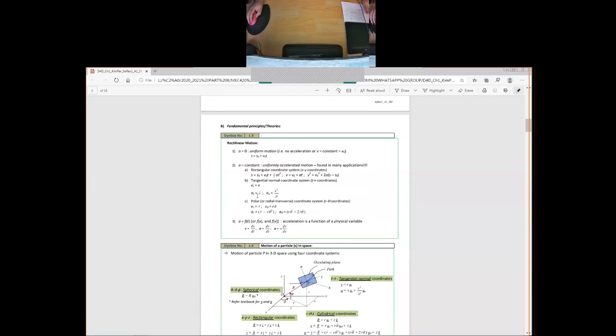Okay, rectilinear motion. Okay, polar. So rectilinear motion is given here in three conditions: a equals 0, a equals constant, a equals variable.